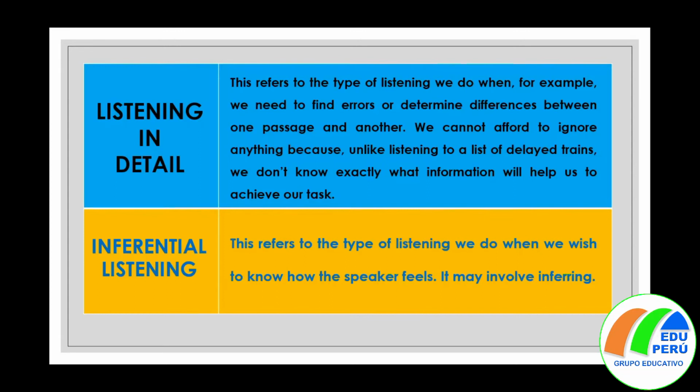Notice, you cannot avoid any information. The most important is to get everything in detail. That's why here it says detail. So you try to understand all the information, and this is helpful to find errors or determine differences between one passage and another.